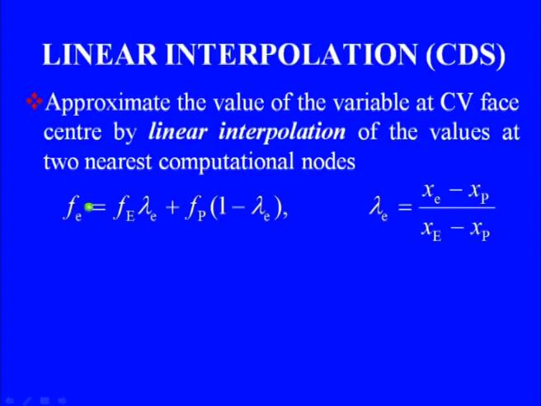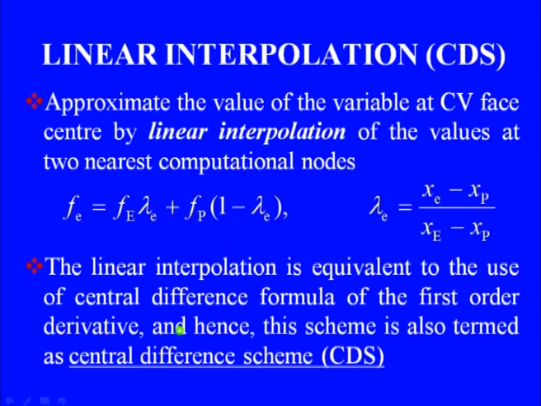So, f e is equal to f at capital E multiplied by lambda E plus f P times 1 minus lambda E, where lambda E is given by x e minus x capital P divided by x capital E minus x P. Now, this linear interpolation is equivalent to the use of the central difference formula of the first order derivative. Hence, this scheme is also termed as central difference scheme or CDS.